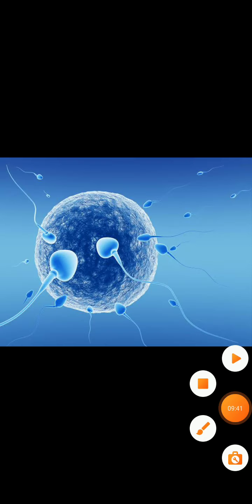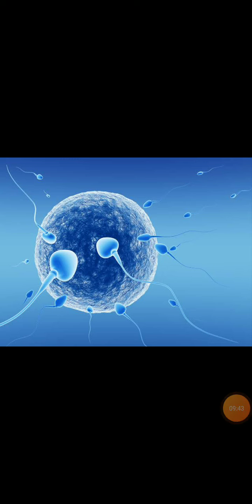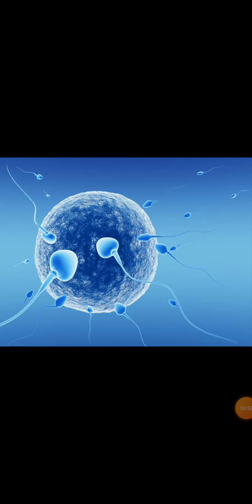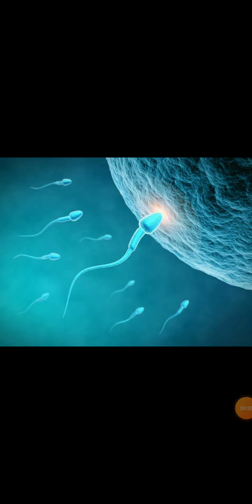And then only some of the sperms will reach the female body, and from those also only one sperm will be able to fuse with an ovum.